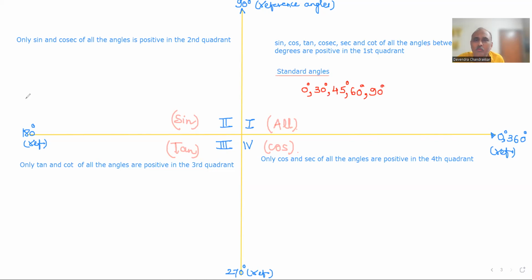You can take 90 to the second quadrant also. It hardly matters, but 0, 30, 45 and 60. मैं 90 को भी यहीं लिख देता हूं, चलेगा. ठीक है? And I am writing the values of these angles here. We will make a table, so don't worry. So these are the standard angles of first quadrant, right?